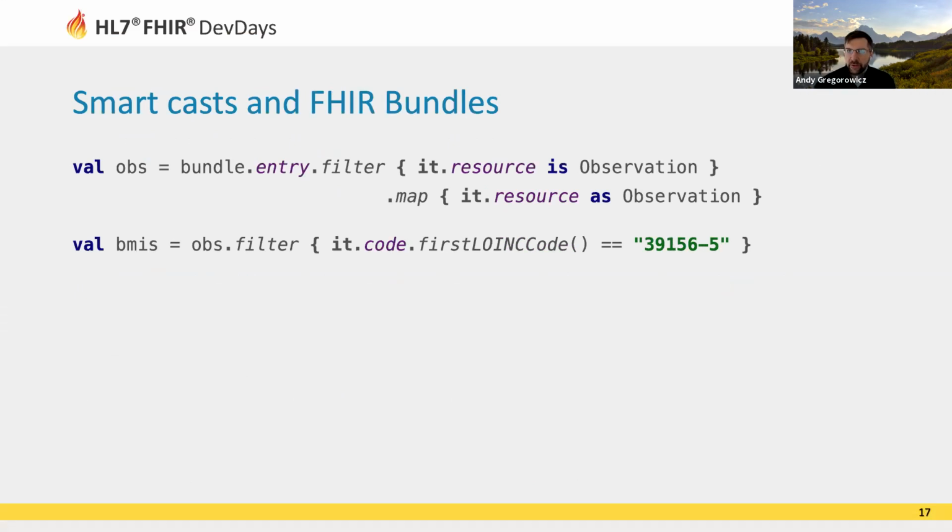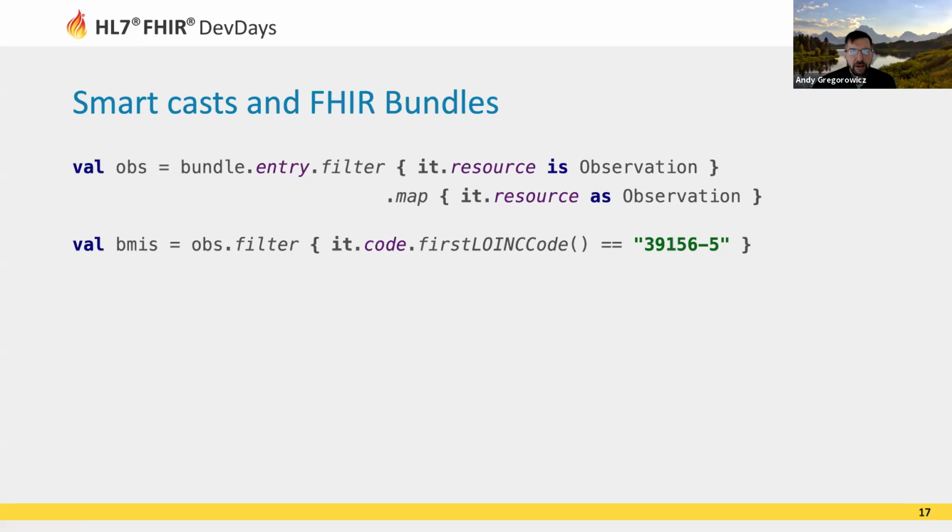We have a bundle that we've pulled in from FHIR. This bundle is going to have entry, which is going to include a list of bundle entries. Kotlin has this filter function, which I can pass a lambda to. If you're familiar with Java 8, the lambdas are kind of similar. One of the cool things about Kotlin is it has this default parameter. So if you have a lambda that just takes a single parameter, you can always just call it in Kotlin, and it knows what you're talking about.